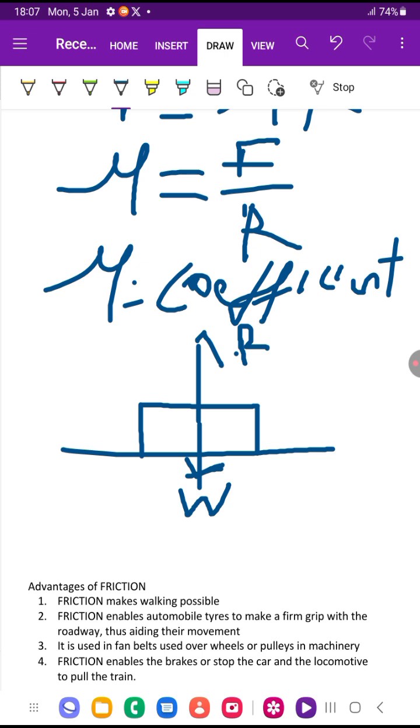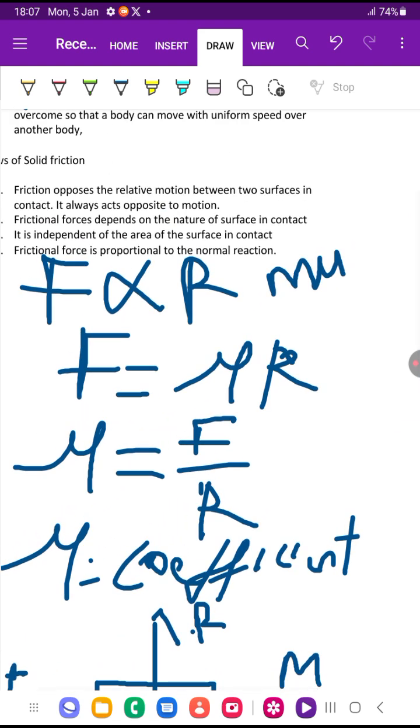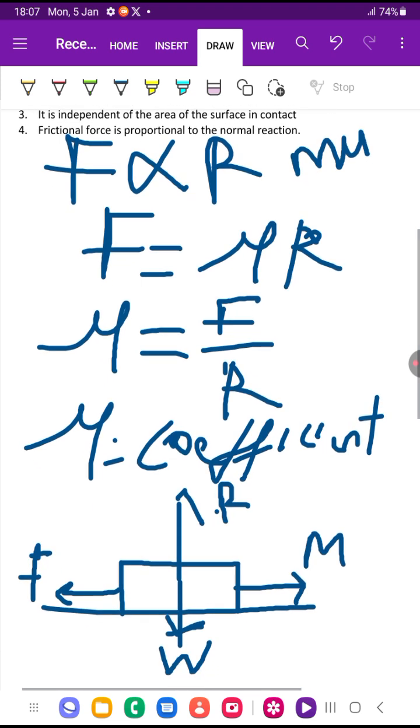You get it like that? So assuming that this is the direction of the motion, frictional force will act opposite to the direction of the motion. From the first law of solid friction, we said that friction always opposes relative motion, and it acts opposite to the motion.